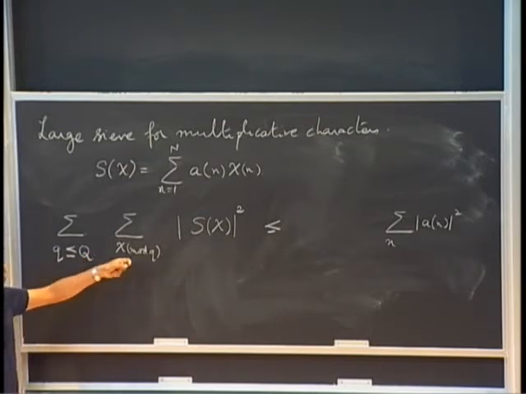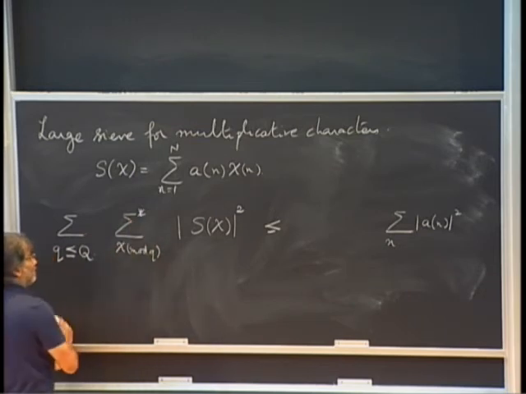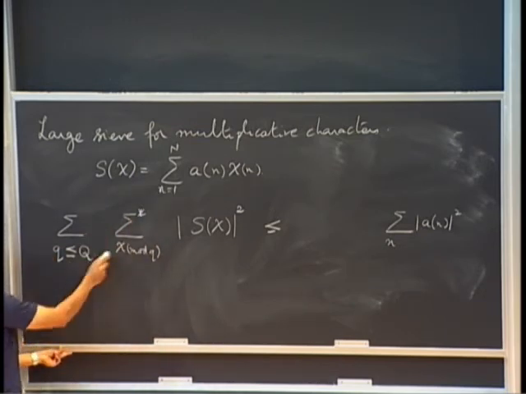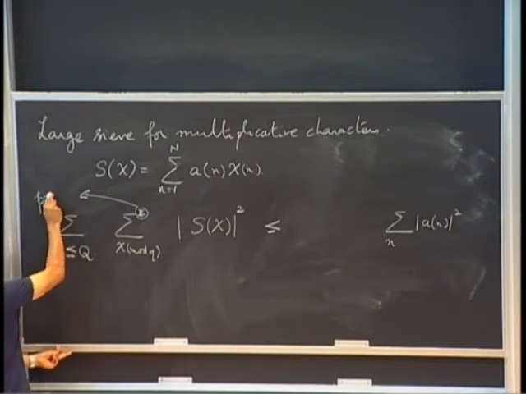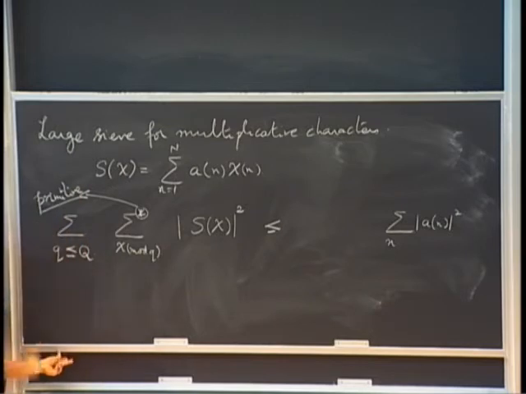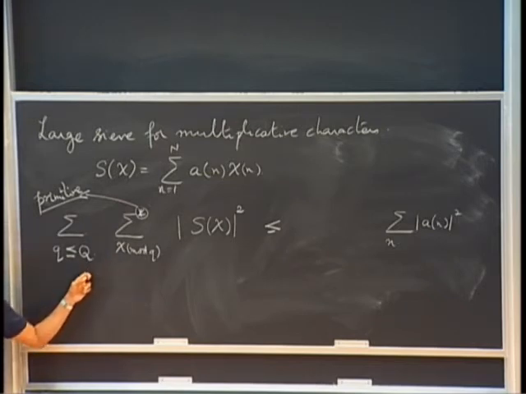So we only want to count here over the primitive characters chi. So this star indicates that the characters are primitive. That's fine. So there are about q squared characters that are being counted here, and they're all distinct from each other.